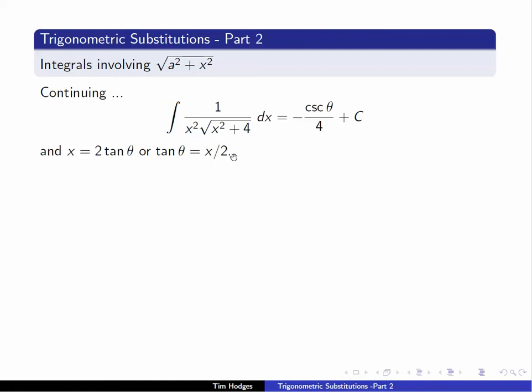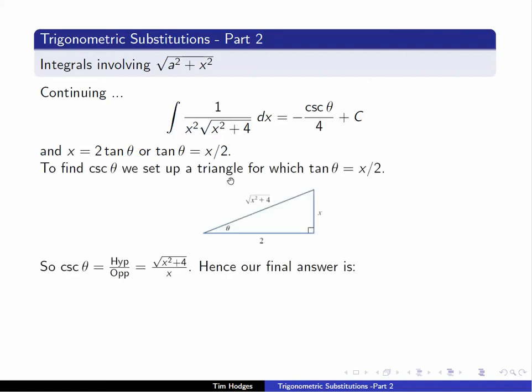Well, since tan theta is opposite over adjacent, we just have to construct a right angle triangle whose opposite side is x and whose adjacent side is 2. That'll look like this. Then the hypotenuse by Pythagoras' theorem is just the square root of the sum of the squares of the two sides, which is the square root of x squared plus 4.